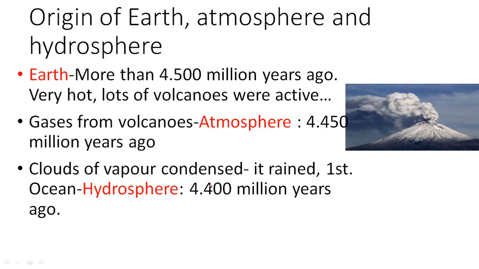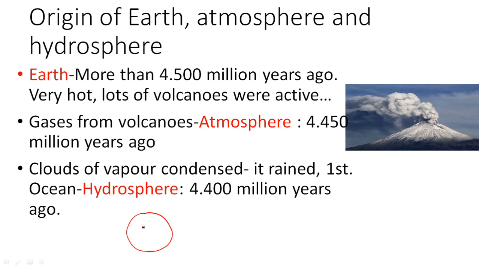What's the origin of the hydrosphere? Well, we have to go back to the early days of the planet, about 4.5 billion years ago, and at that moment the Earth was like a big ball of fire. Well, not fire, but melted rock, right?